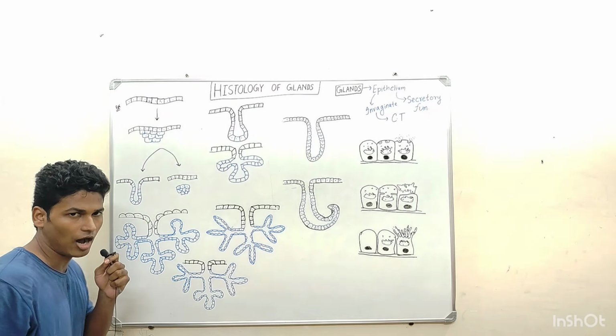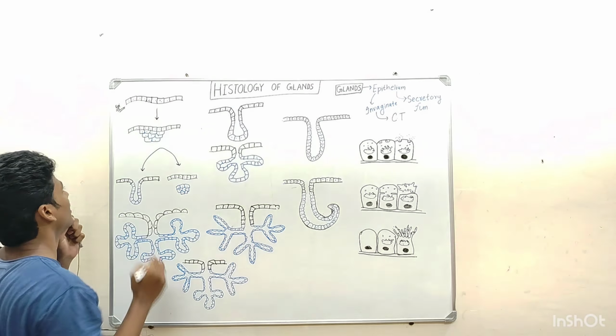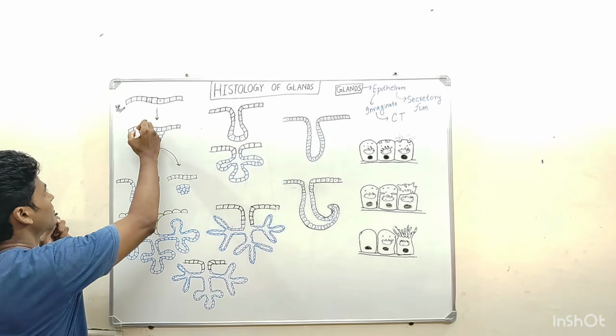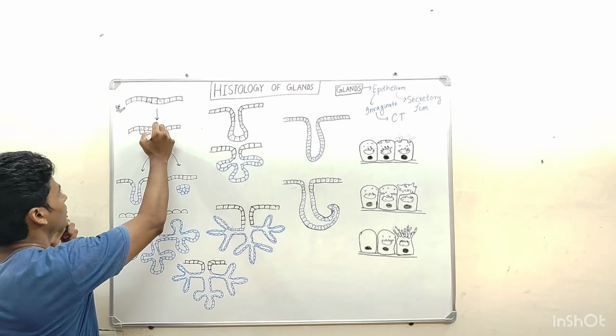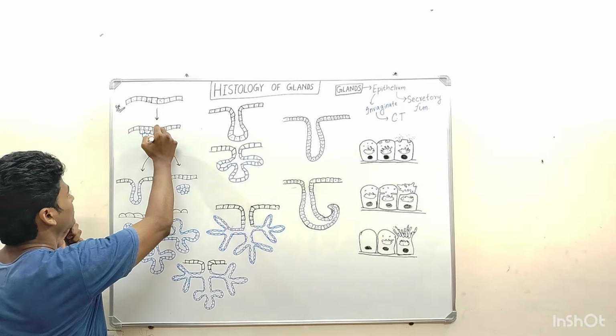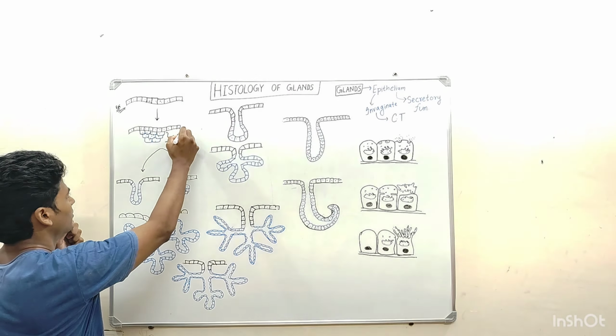So how is a gland formed? This is your epithelium. What happens in the epithelium? Some of the cells start forming more than one layer of cells, and that is called a cell bud.